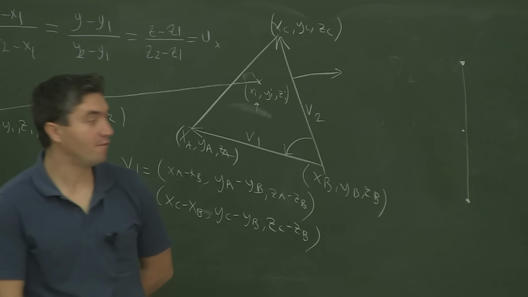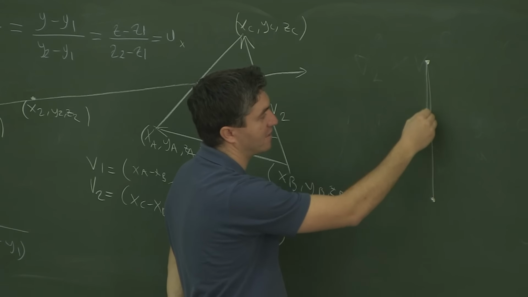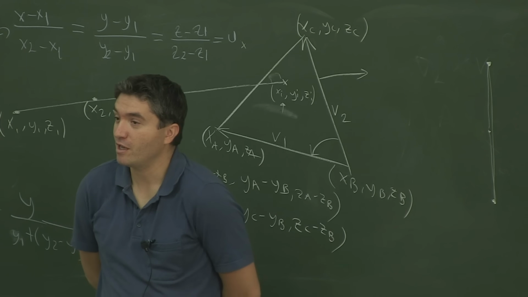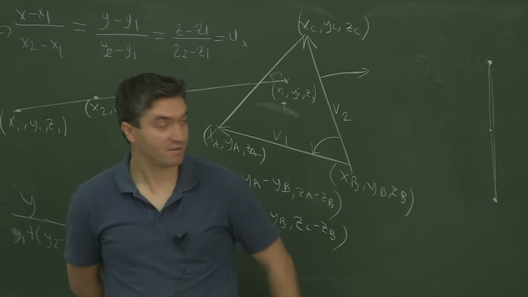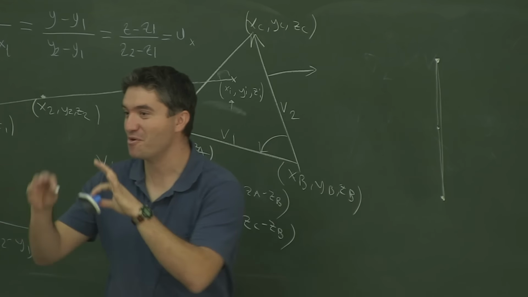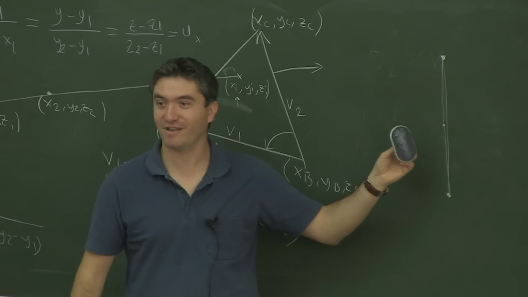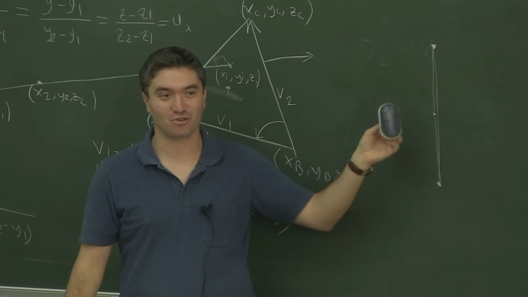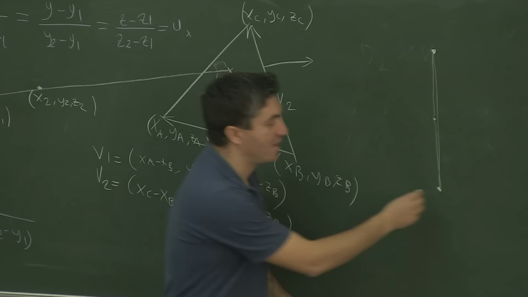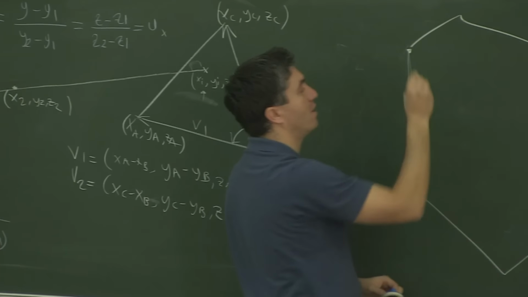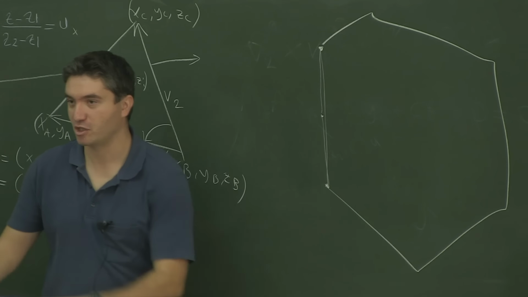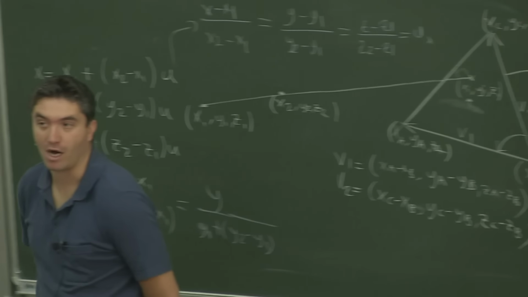So the correct convex hull is these two line segments. This is the correct convex hull. However, if your algorithm is able to generate the other convex hull, which has this line on the right, it is still a convex polygon which is very close to the actual convex hull. It is not the actual convex hull. We have missed this point out, but still it is able to generate a closed convex polygon which is very close in terms of shape to the actual convex hull.